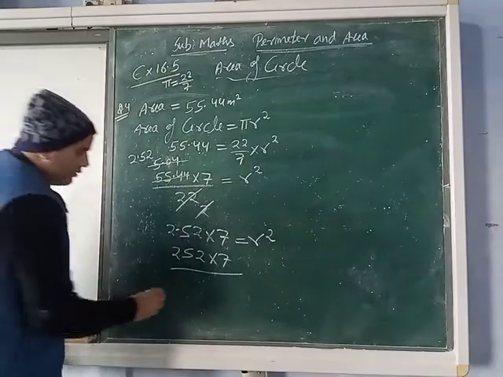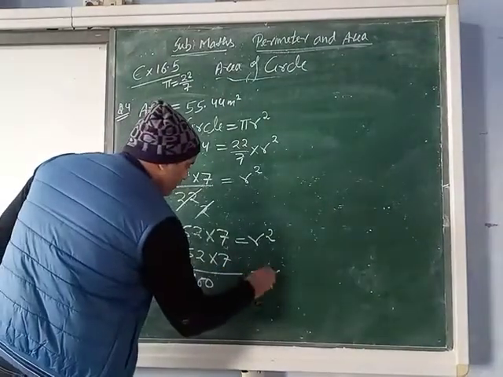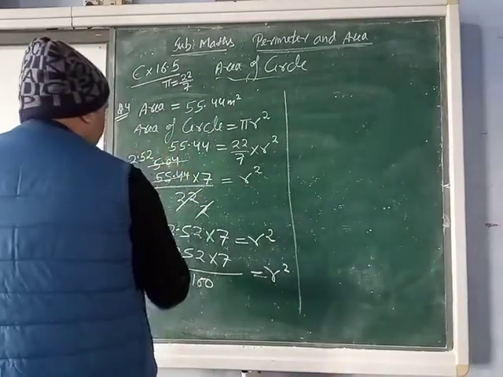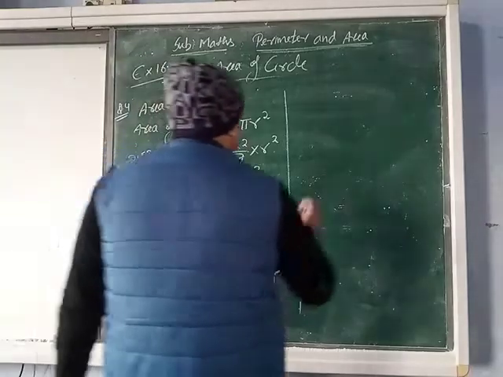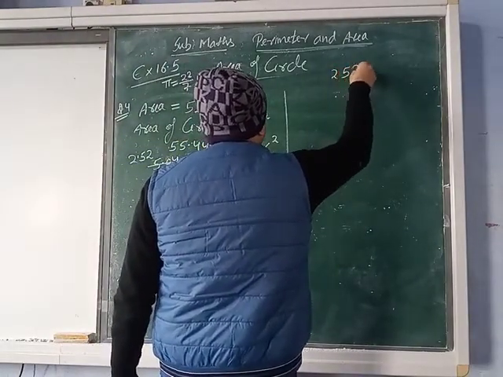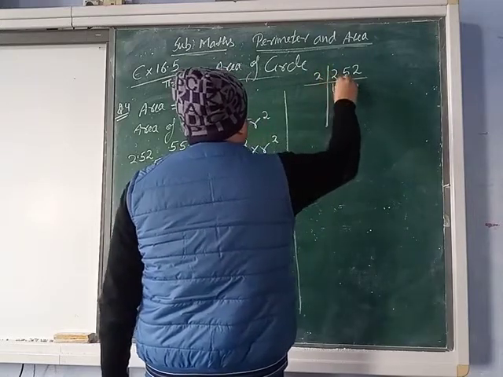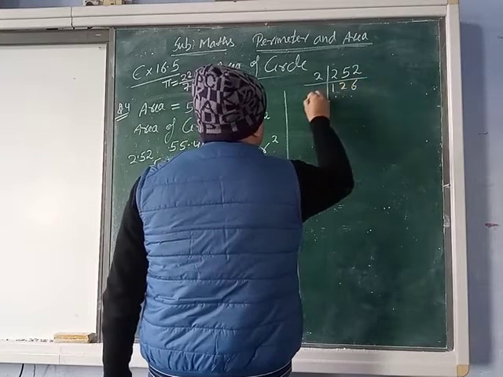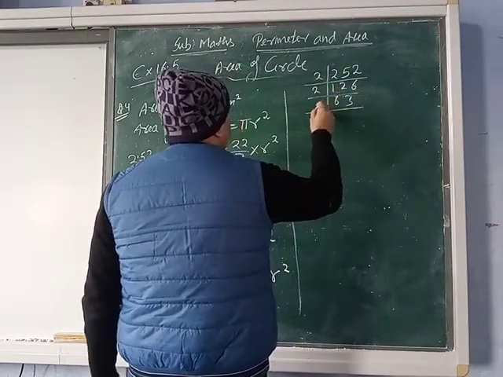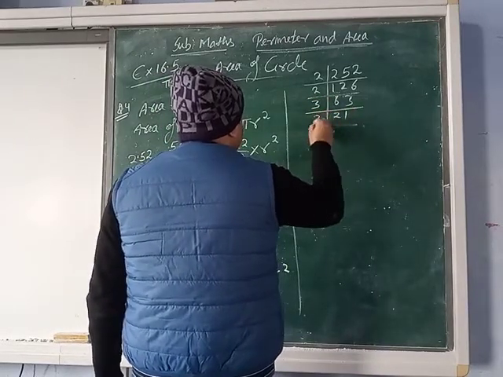Removing the decimal, we can take it as 100. Now take the prime factor of 252: 2, 2, 3, 3, 7.